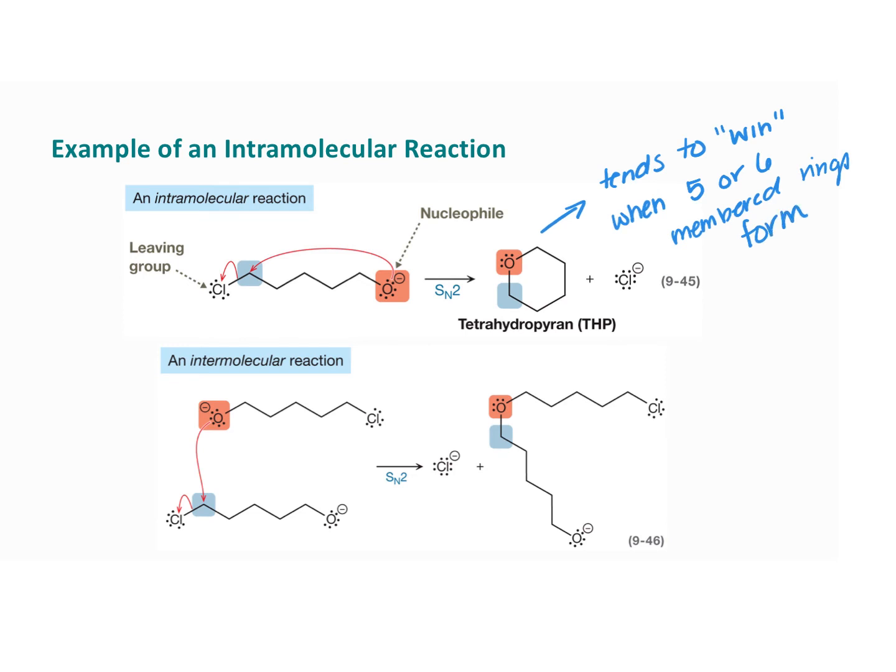The formation of those 5 and 6 membered rings is the favorite outcome because of the interplay between entropy change and strain during the formation of a ring. For a ring to form, the two ends here really have to form that new bond, and that's going to really reduce the freedom of movement within the molecule, and that loss of molecular freedom results in a decrease of entropy, right, which is unfavorable.